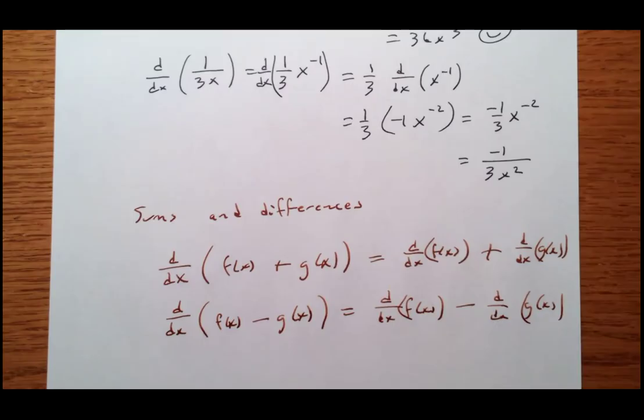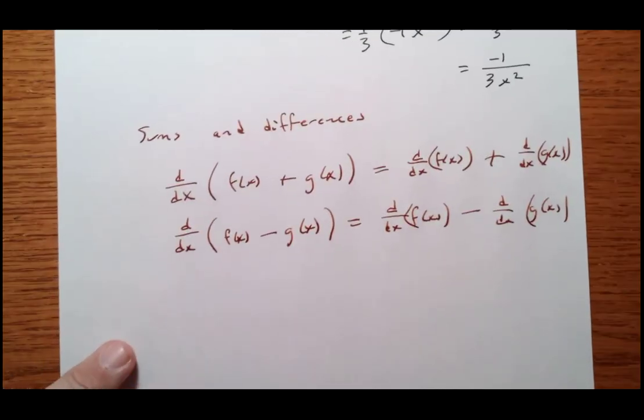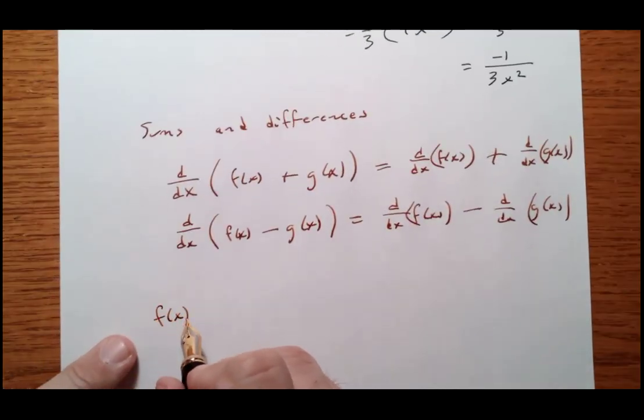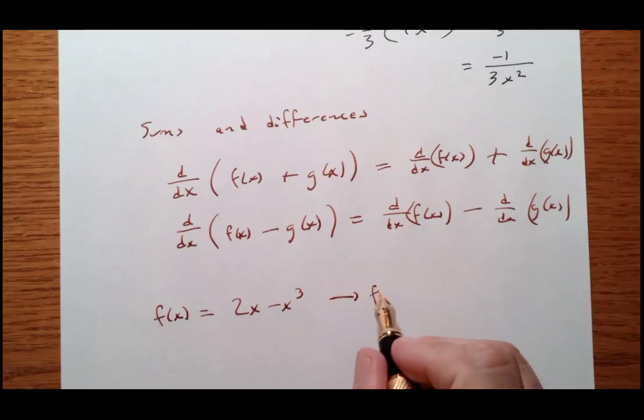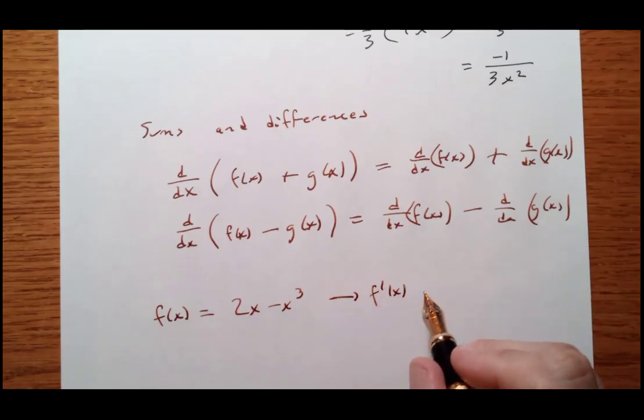Are you ready? Are you ready to see something that took us 20 minutes on Monday? What's the derivative of this? Wait a minute. F prime of x. That'll be 2 times the derivative of x.